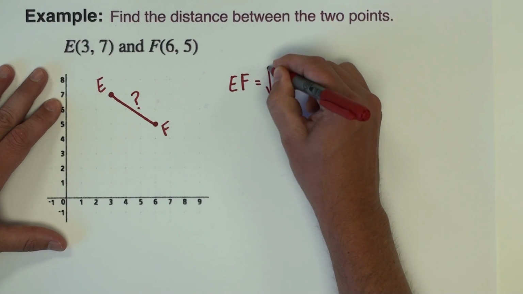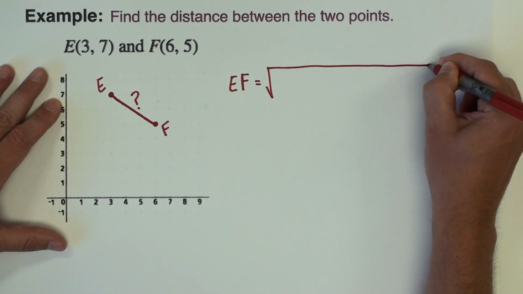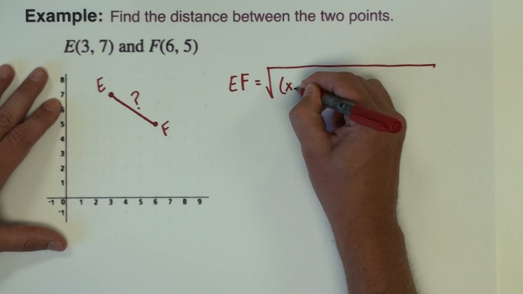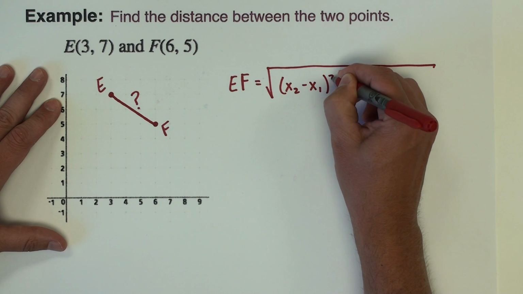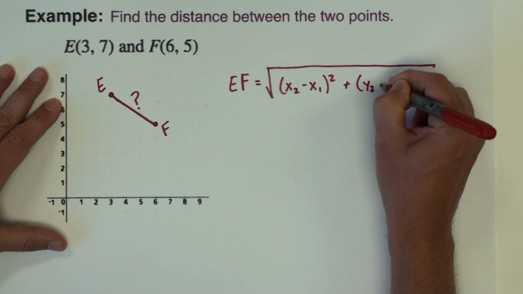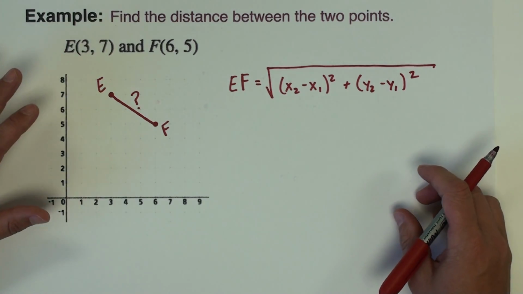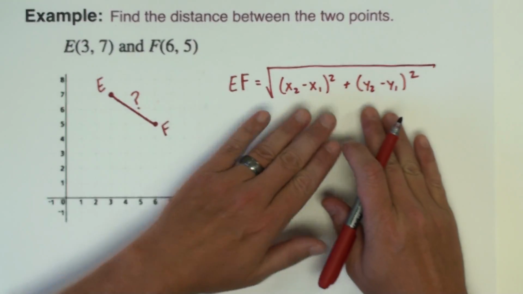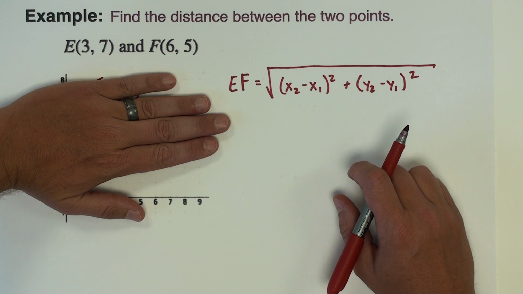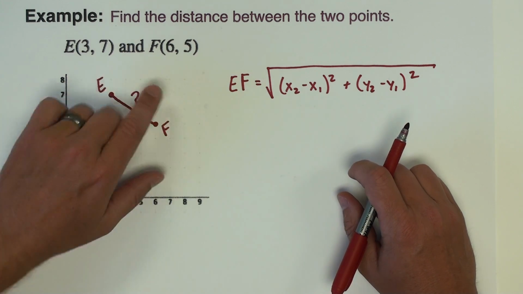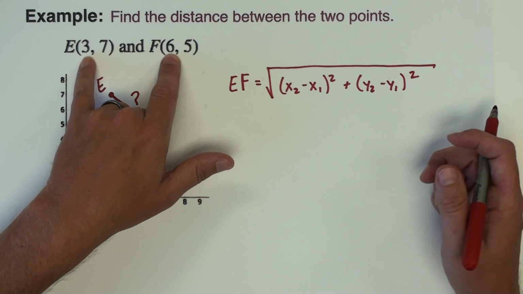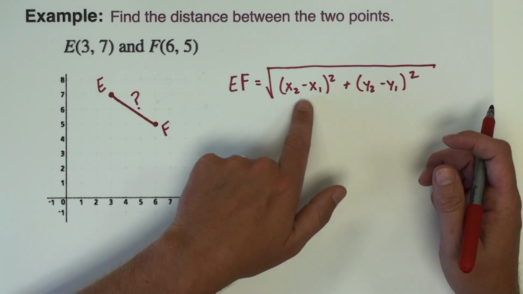It is the square root of x2 minus x1 squared plus y2 minus y1 squared. Okay. Again, the nice thing about the formula is I don't need to see a picture, right? All I need to see are numbers, and these numbers are going to plug into the correct spots over here.